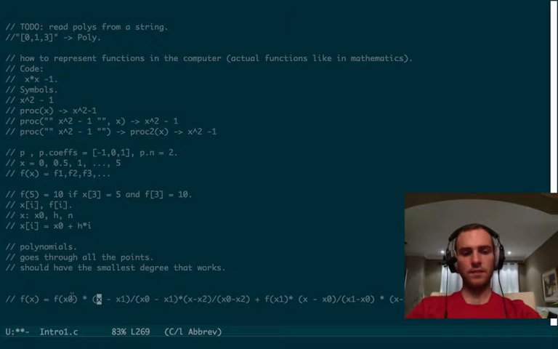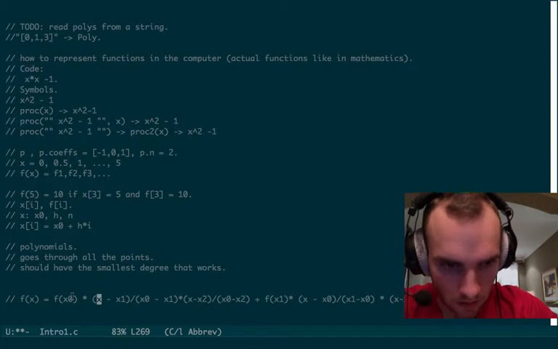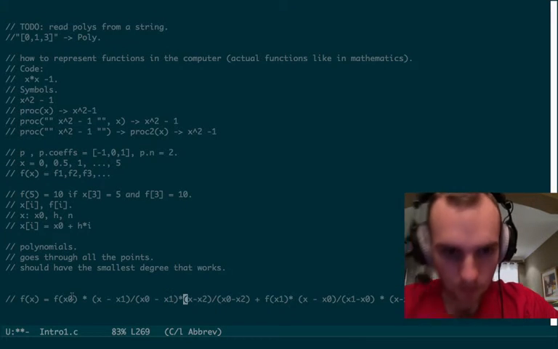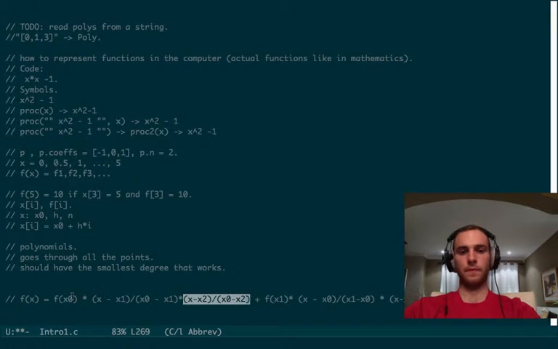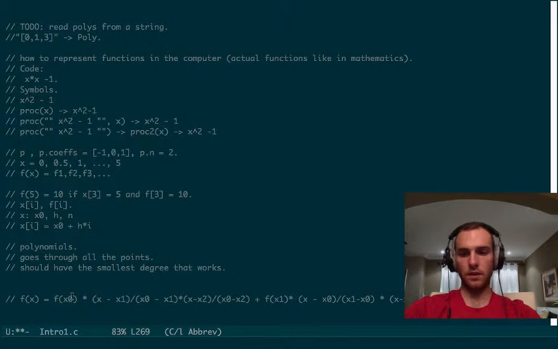So how do you achieve that? Well, when x is equal to x0, these terms cancel and you get 1. And the same with this. And here you get 0, and the same term here you need to get 0, so it's going to be x minus x0, right?